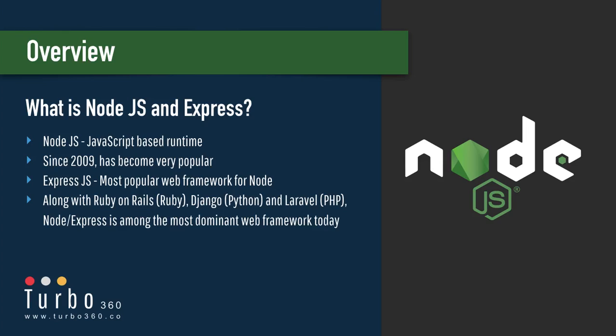Also, Express.js is called a web framework that makes it possible to create Node applications quickly and easily. Sometimes Node is referred to as a framework. It's not. Node is a runtime. It's an environment, and Express is a framework that is used on the Node runtime.